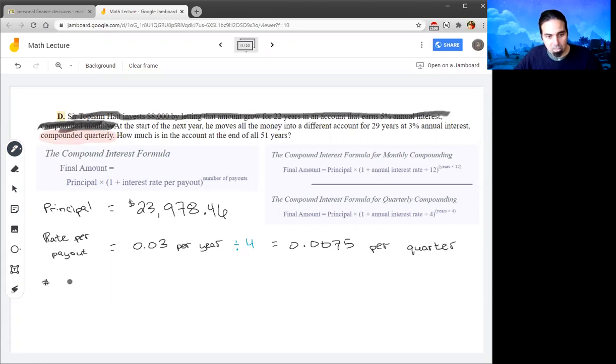And the number of payouts. He has 29 years. Each year, he gets a little bit of interest 4 times. So that's 116 payouts.